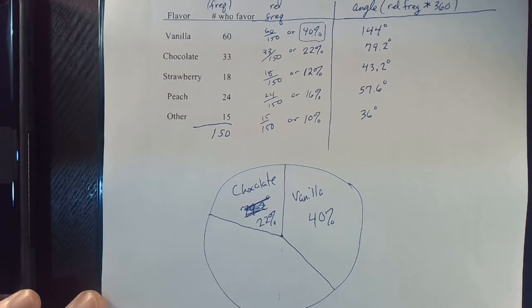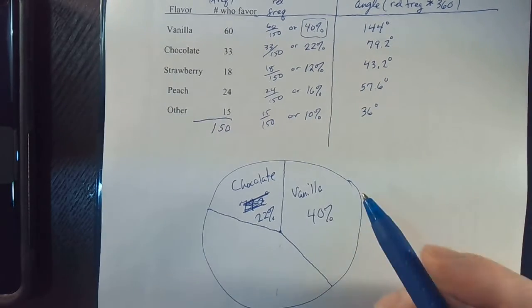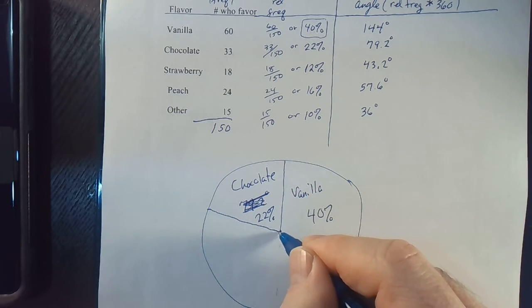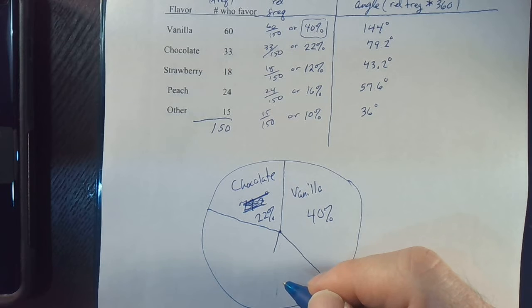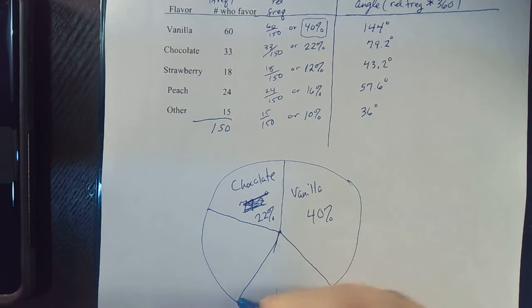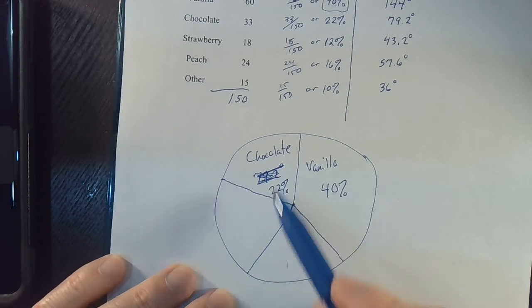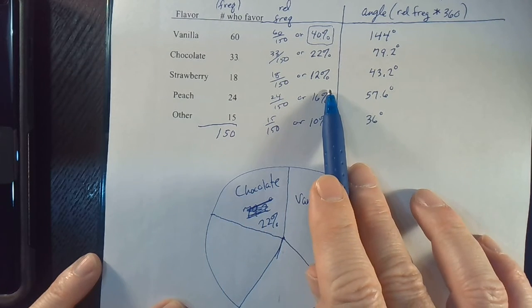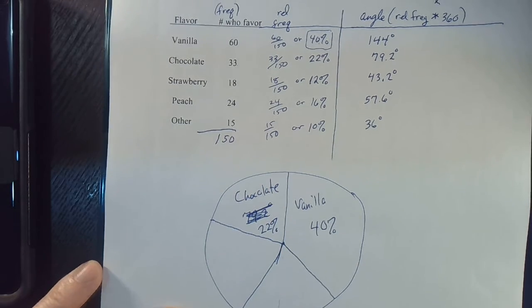Okay, strawberry. Strawberry is 43 degrees, 43.2. It's going to be less than twice the size of this one. So let's just do something like, let's say 43, maybe that. That's off. I didn't make it quite as big compared to this guy. And actually, let's see, this is strawberry. Oh yeah, I really messed that up. I made chocolate way too big, didn't I?